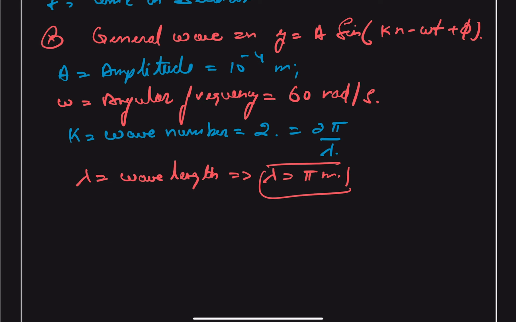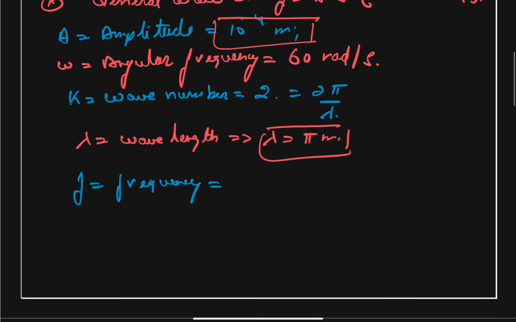So we got our amplitude and we got our lambda, and we can find the frequency also. f is our frequency, and we know that omega is equal to 2 pi f.